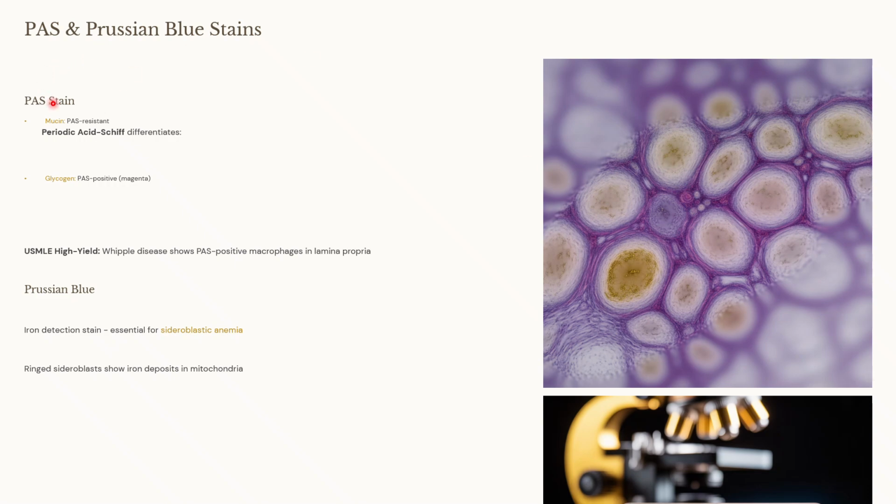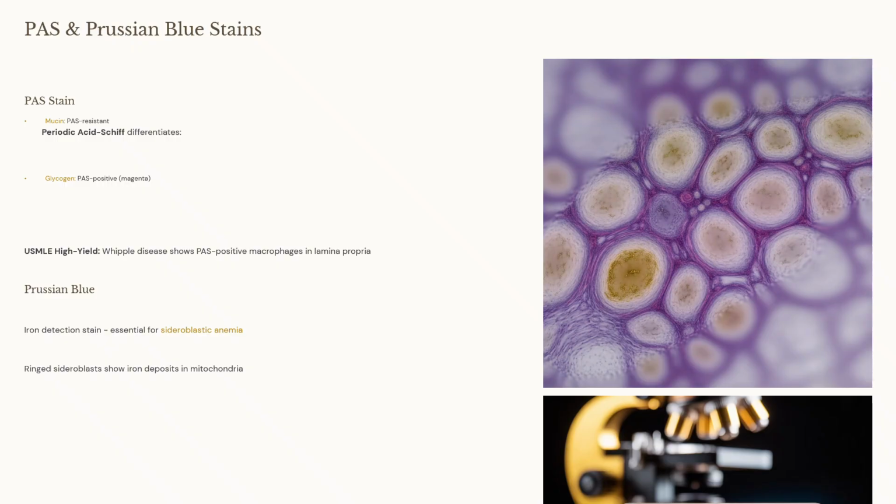Whereas the PAS stain is used to see the macrophages in Whipple's disease. PAS, periodic acid Schiff stain, positive, and periodic acid Schiff negative is there. The PAS positive macrophages are those macrophages which contain glycogen.